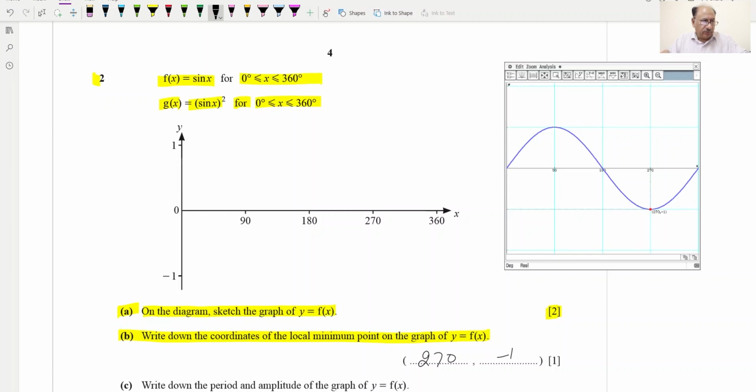Now the sketching part. For the sketching part, we have seen the curve. So 90 is 1. For our consideration, I'm drawing the line, like for example we can take a line like this one.